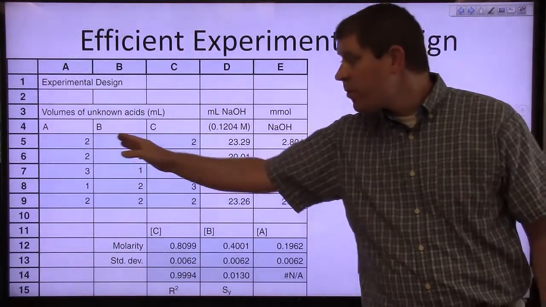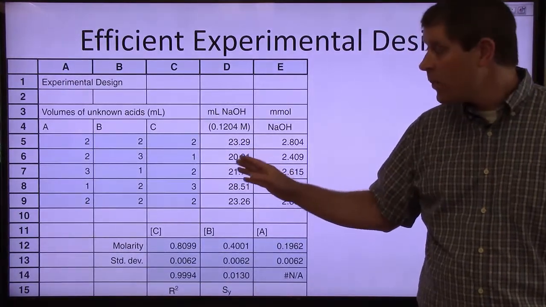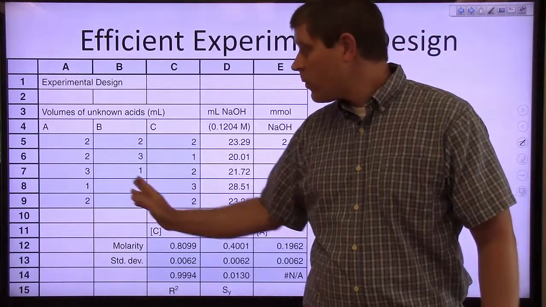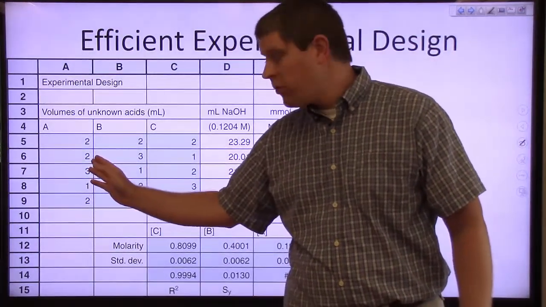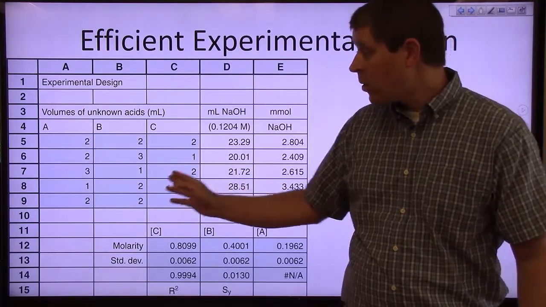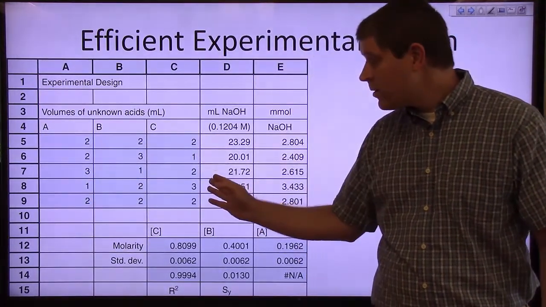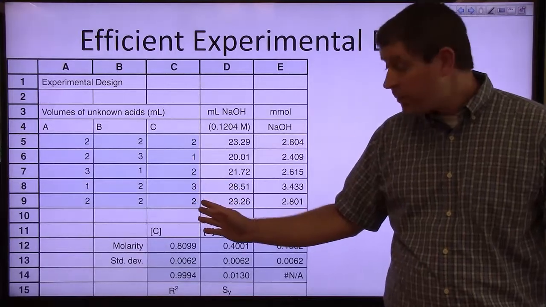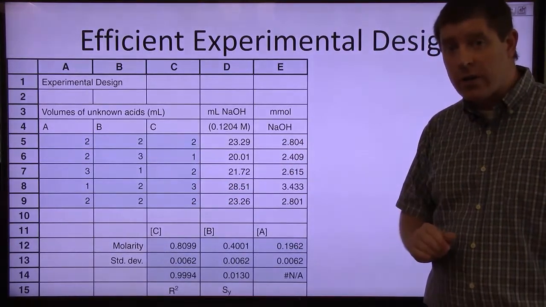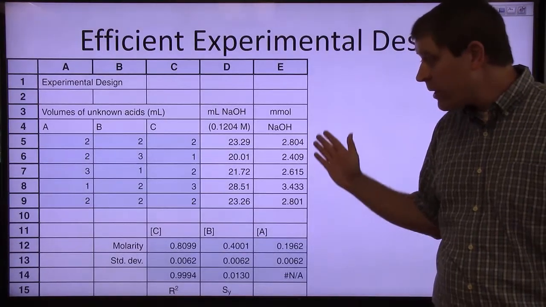And instead of simply performing that a number of times, what we then do is alter the ratios between our volumes. So we go with, say, again, 2 milliliters of A, but now 3 milliliters of B, and only 1 milliliter of C. Or 3 milliliters of A, 1 of B, 2 of C, and so on. And we get varying volumes of sodium hydroxide that we need, so differing amounts of base that we need.